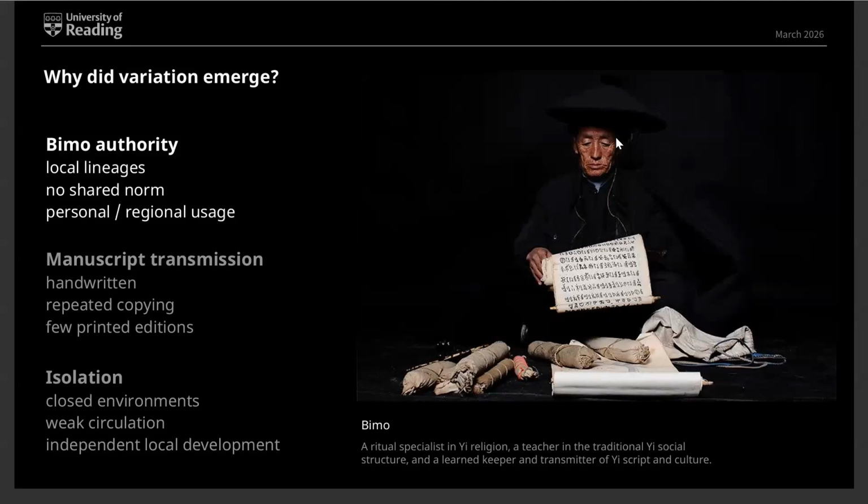The role is often passed down in families. As you can see here, the Bimo is holding a manuscript. Those manuscripts are the basis for recitation and rituals, and they are written in Yi script. So the transmission of Yi writing was closely tied to local cultural authority and local liturgies.